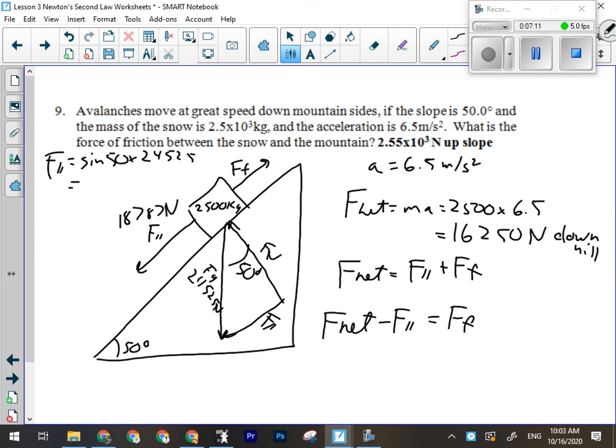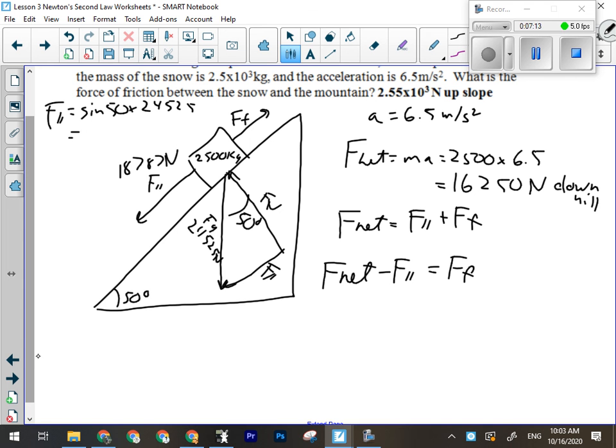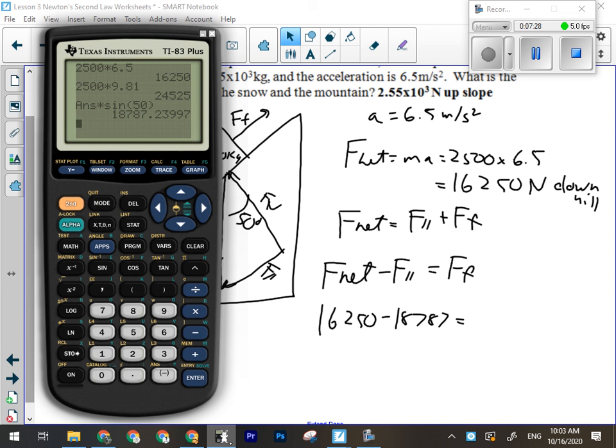Okay, so now when I plug in those numbers, I'm going to have my net force, 16,250, and I'm making down the ramp positive here, minus the 18,787, and that will give me my force of friction. So 16,250 minus the answer I got here, and so I get a number that's up the slope.